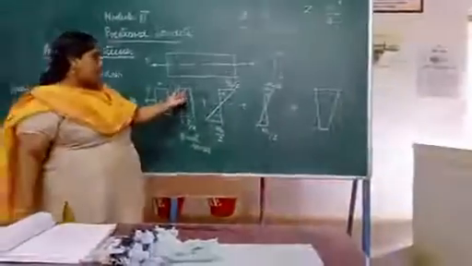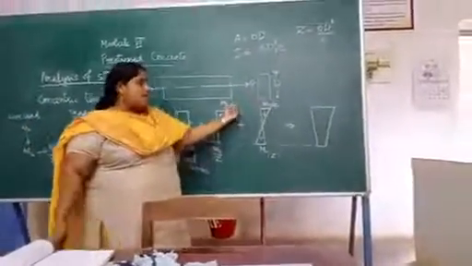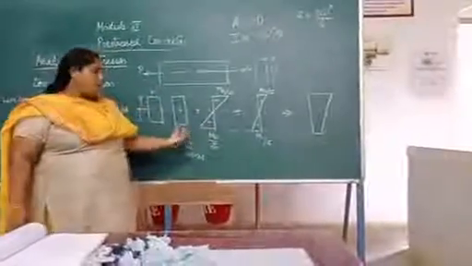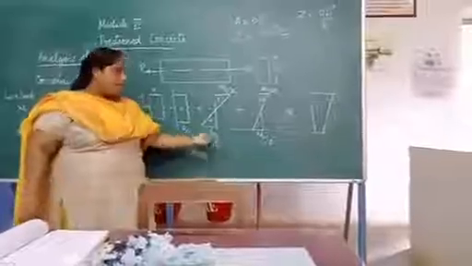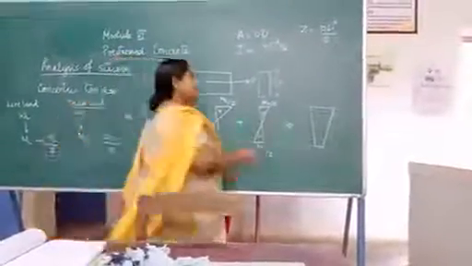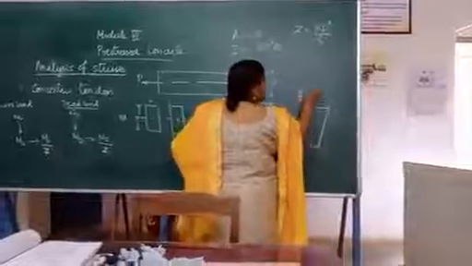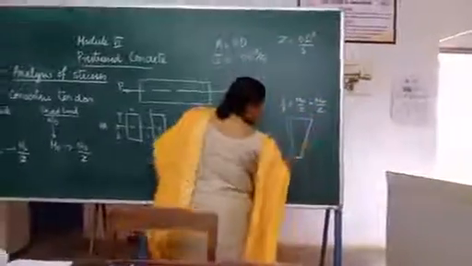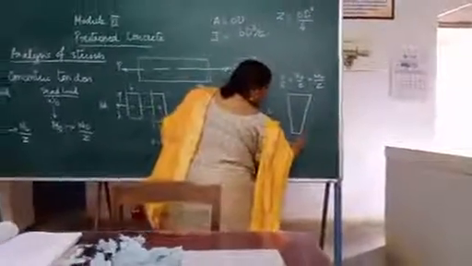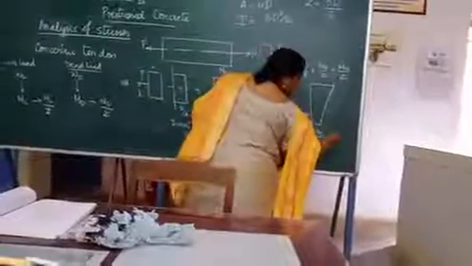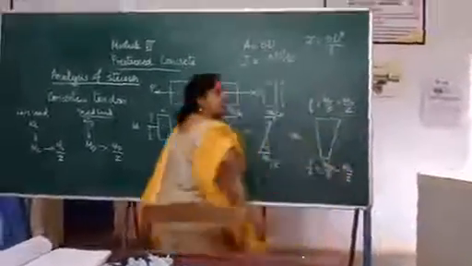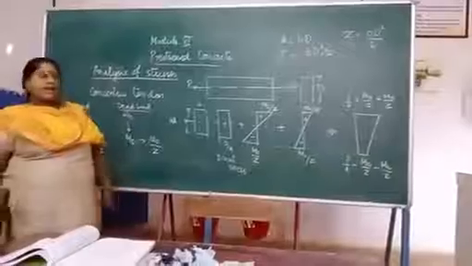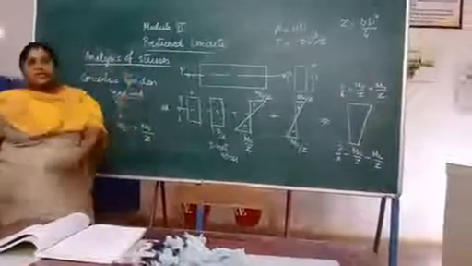At the top it will be P by A plus MD by Z plus ML by Z, and at the bottom it will be P by A minus MD by Z minus ML by Z. So this will be the resultant stresses in the case of a concentric tendon.